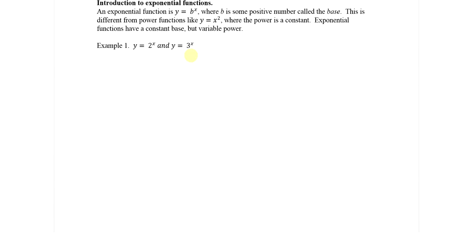So we want to find some stuff out about these. So we'll plot them. We'll make a graph, and we'll start by making a little table. So x's and y's, what are the usual x's we want to deal with? Well, minus 2, minus 1, 0, 1, 2.